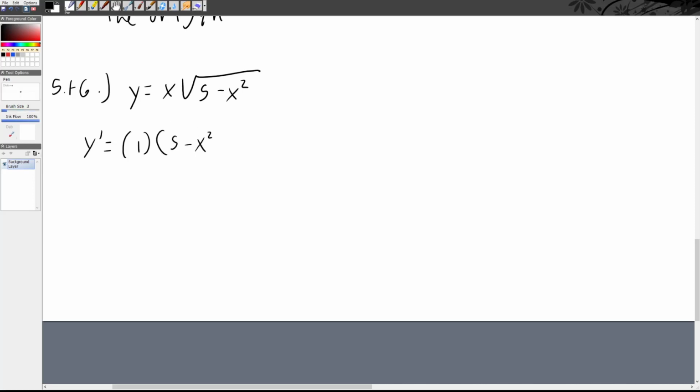So 1 times 5 minus x squared raised to the power of 1/2, plus, leave the x alone, take the derivative of the second term, 5 minus x squared to the negative 1/2. But for the second term, that's a square root function, so we apply the chain rule. Then we simplify.